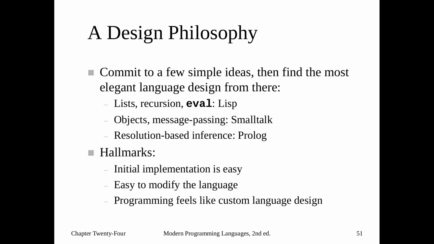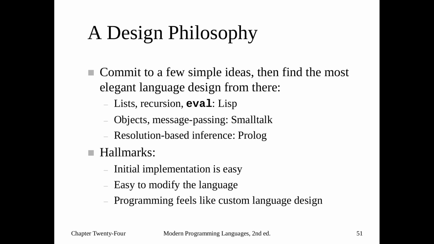So the design philosophy behind this language, Smalltalk, was to commit to a few simple ideas and then find the most elegant language design from there. So you have, and this happens a lot, right? For example, think about Lisp, right? Lisp had lists, recursion, and then they had this really simplistic way of evaluating things called the eval function, right?